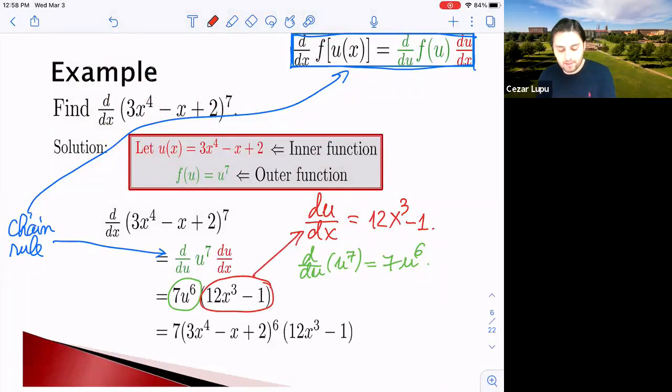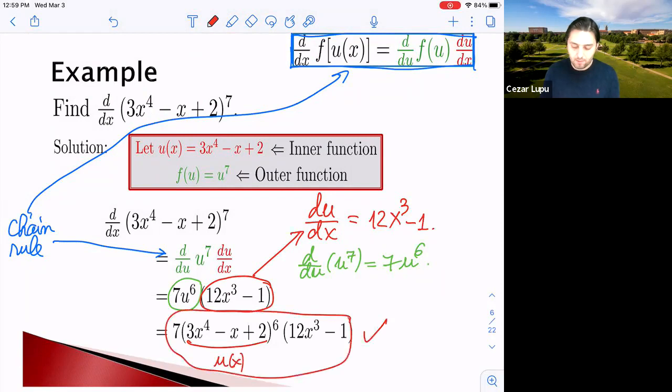And now you just plug it in because you know who u of x is, right? Look at u of x. So this guy here, this is just u of x, right? And that's it, that's the derivative. That's the whole thing. Is it clear?